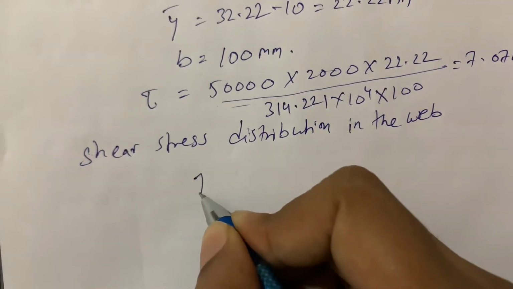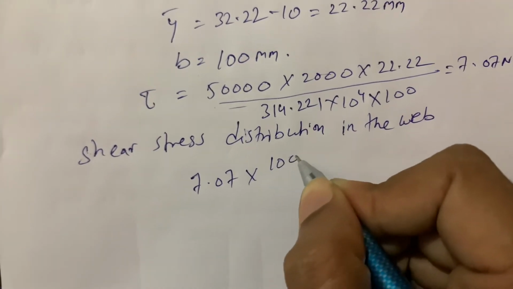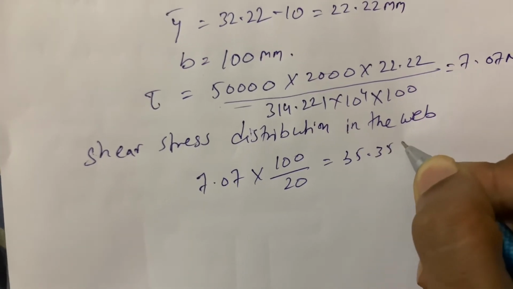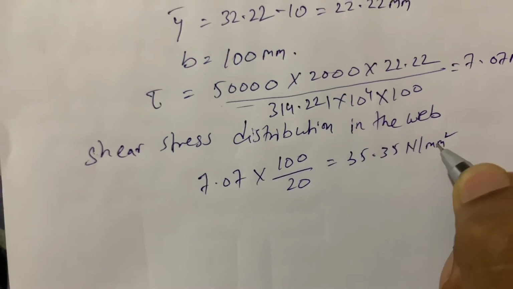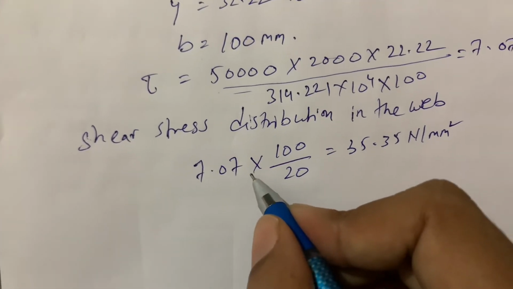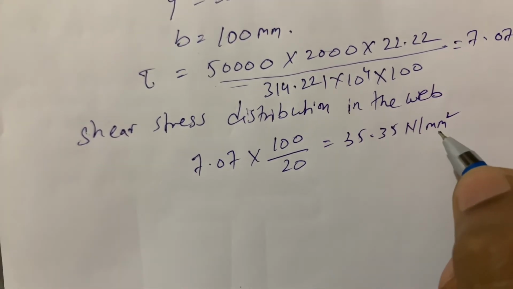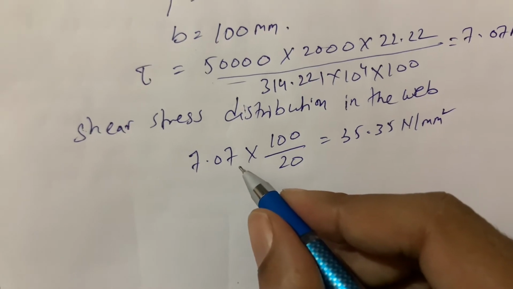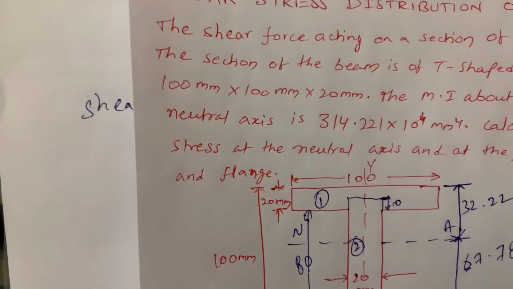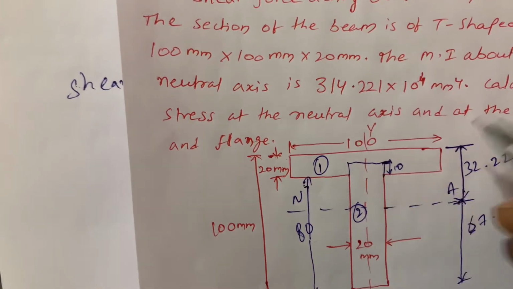That is 7.07, which we got as tau, into 100 by 20 Newton per mm square. The shear stress will be maximum at the neutral axis. Here, the shear stress in the web just at the junction of the web and flange will suddenly increase from 7.07 Newton per mm square. That is 100 by 20, so at this junction it will suddenly increase. That's why I wrote like this.